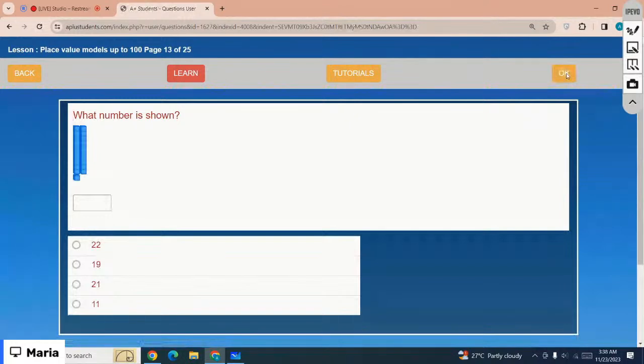Which is the correct option? You have two tens and only one one. So together they make 21. The correct option is 21.